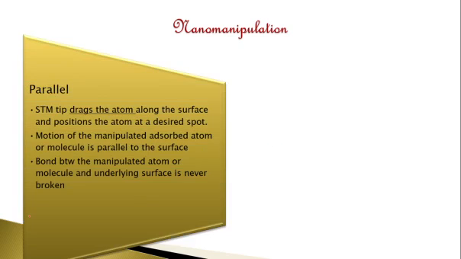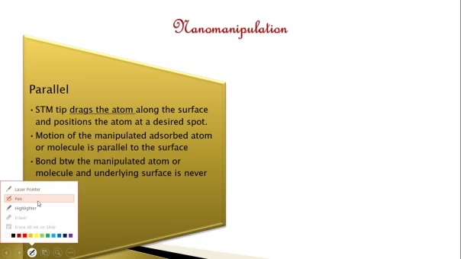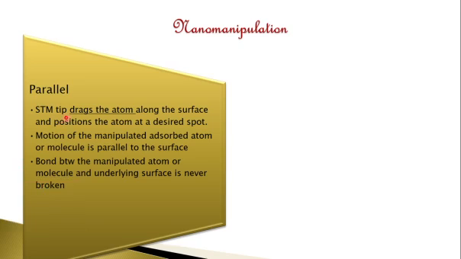In the parallel method, with the scanning tunneling microscope, the tip will drag the atom along the surface. So the movement will be along the surface, and hence the name parallel. The position of the atom at a desired spot will be ensured by dragging it along.